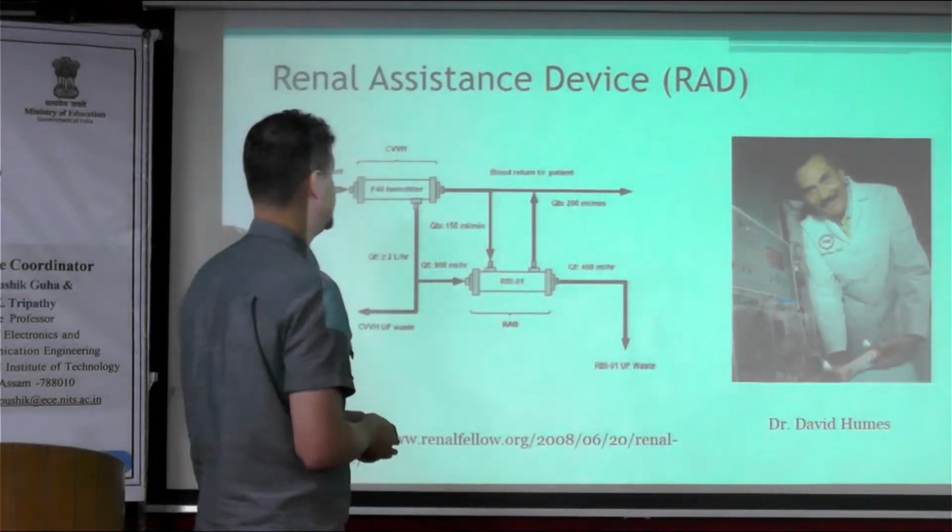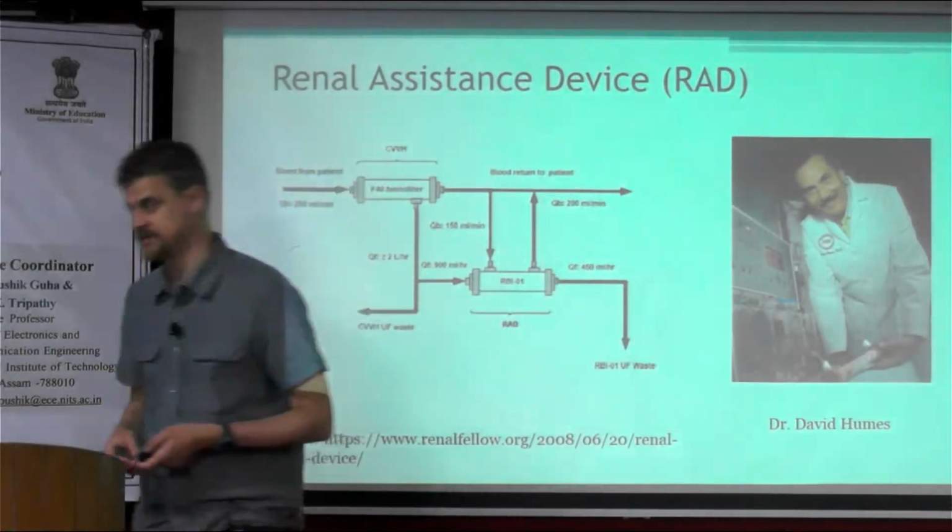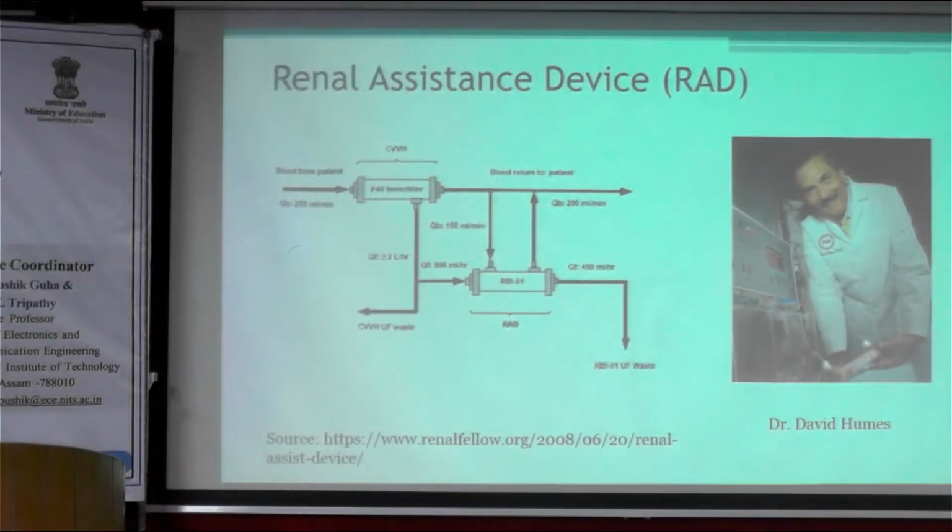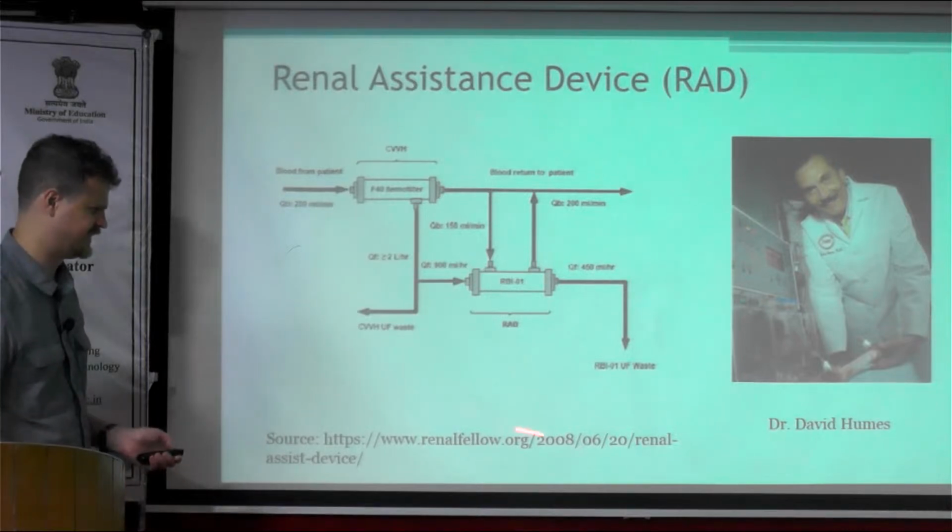If we talk about the historical perspective behind the development of the implantable artificial kidney, we can mark the milestone of creating a renal assist device, introduced in 1998 by Dr. David Humes.